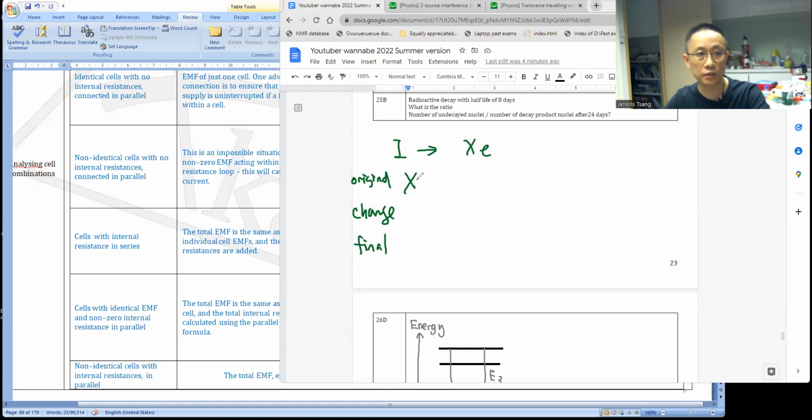Let the original amount of iodine be X. 24 days correspond to 3 half-lives. So when 3 half-lives have passed, only 1/8 of the iodine remains. So 7/8 will be gone. And in a 1-to-1 conversion, the iodine that was sacrificed will all become xenon.